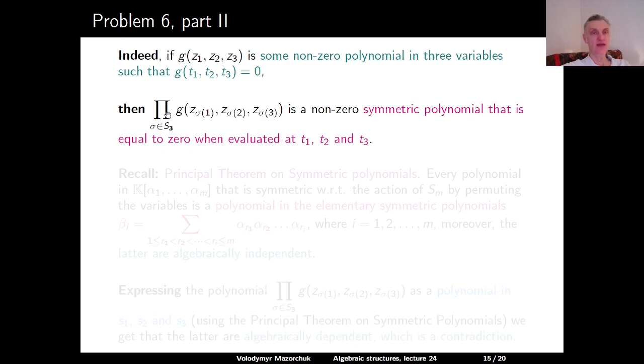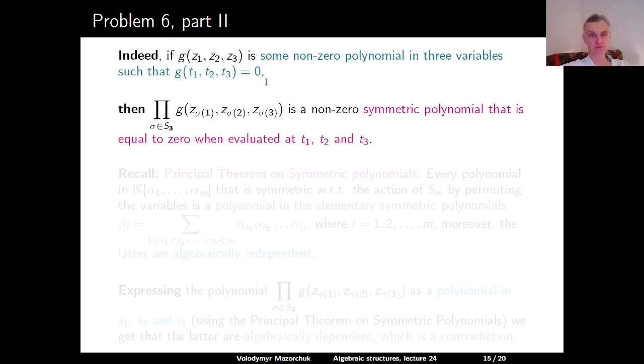Then we can take a product of this polynomial over all elements in S3, permuting the variables in the polynomial. Since we take a product over all permutations in S3, we will get a non-zero symmetric polynomial that is equal to 0 when we evaluate it at T1, T2, and T3, because one of the factors evaluates to 0.